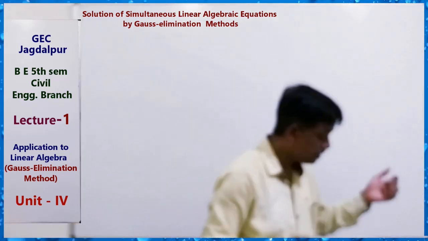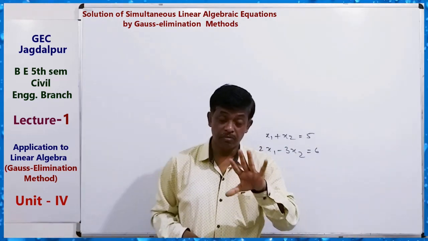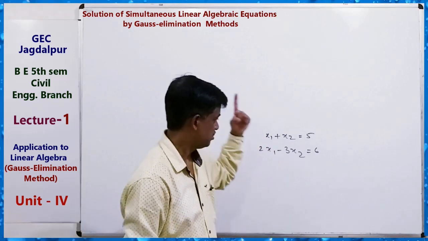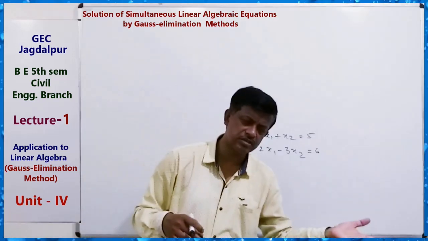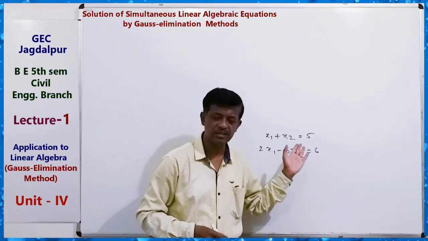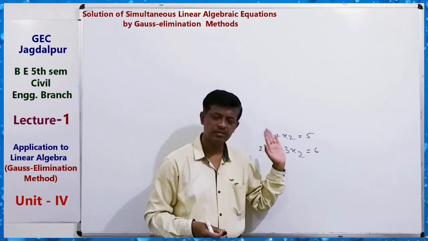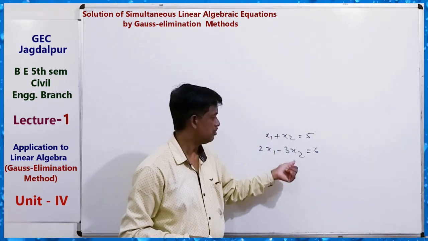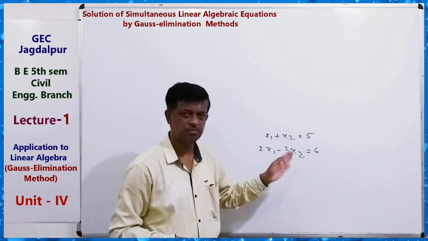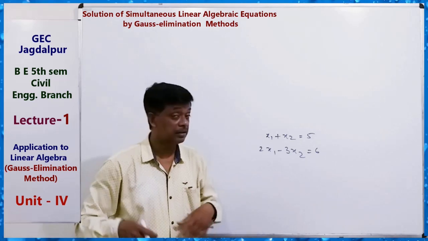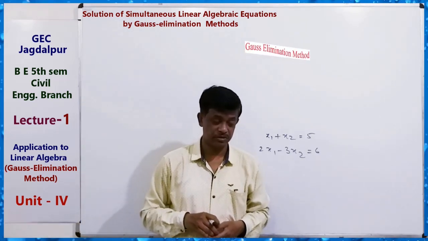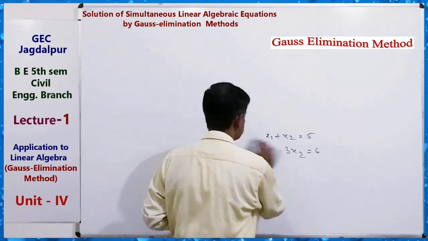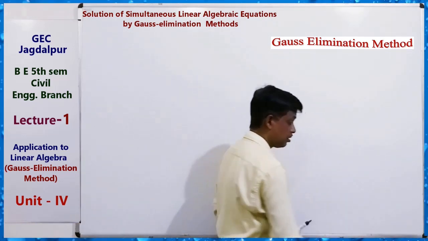There are many methods for finding numerical solutions. Here, for simultaneous algebraic equations, we will study two methods: the direct method and the iterative method. Direct methods mean we can use matrices, or eliminate one variable from another by subtracting, adding, etc. The first method is the Gauss elimination method.